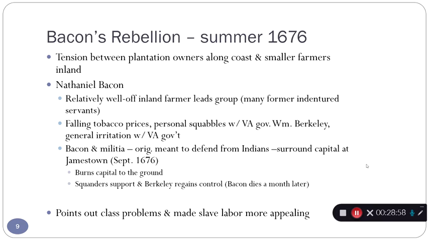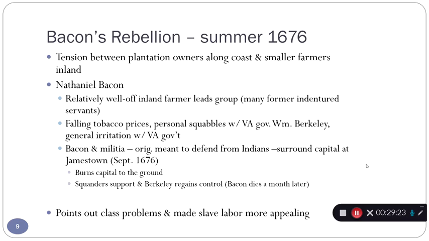We can't allow this to continue. We can't risk bringing more and more indentured servants into the colony if those tensions that Bacon's Rebellion reflects will just get worse and worse. And so it really does point out the class problems of the indentured servant versus plantation population.